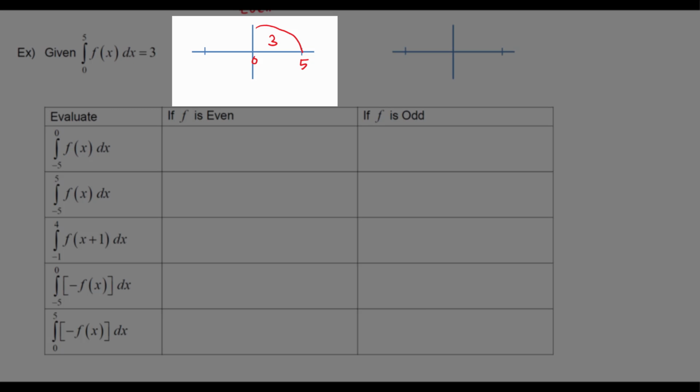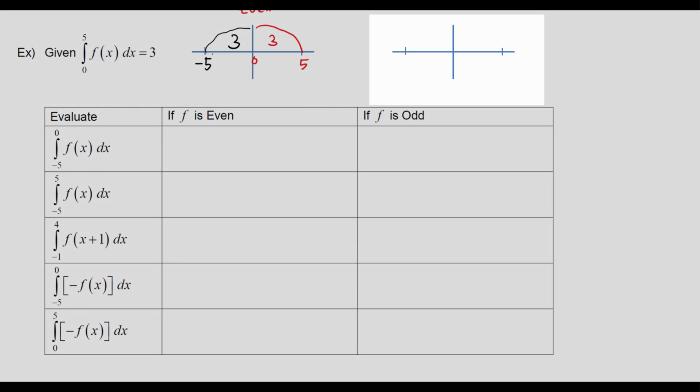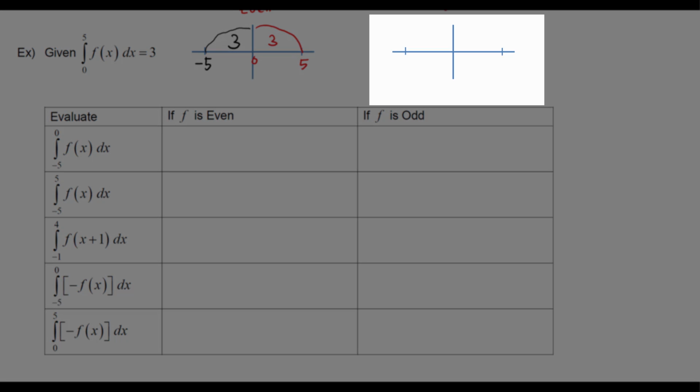Because it's an even function, it will be symmetric with respect to the y-axis, and you will get 3 there too. Now, if this was an odd function, and the 0 to 5 area was 3, then from negative 5 to 0, you're going to get negative 3 there.